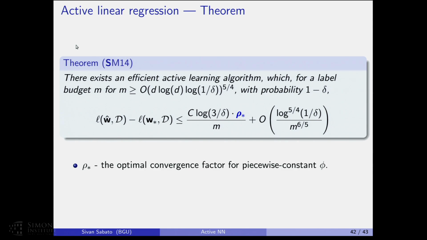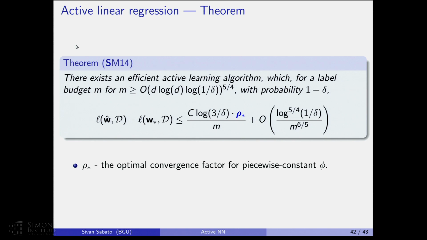And the type of guarantee that we get here is similar in idea to what we got before. We get that the excess loss that our algorithm gets is almost the same as if we knew the correct phi to use from the beginning. It's almost the same because there is some overhead from having to estimate phi, but this overhead is asymptotically smaller.